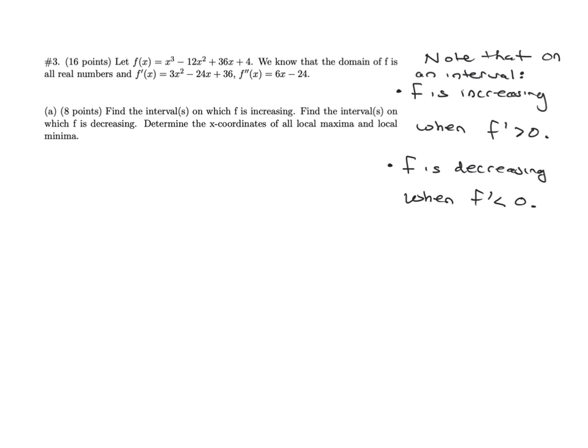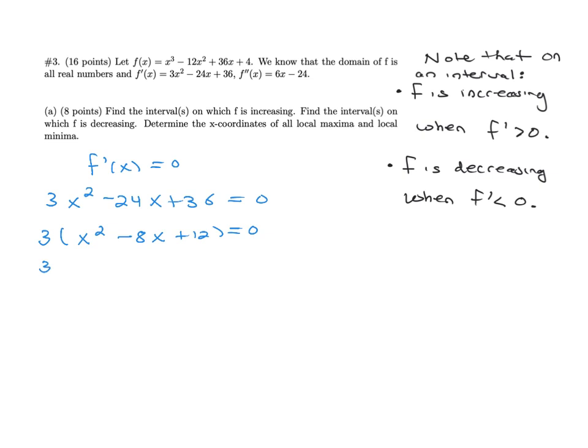So I'm going to start by looking at the first derivative, which we're given, and I'm going to check to see where it is equal to 0. So I'm solving this. Where is 3x squared minus 24x plus 36 equal to 0? I see I can factor a 3 out from this. We get x squared minus 8x plus 12 is 0.